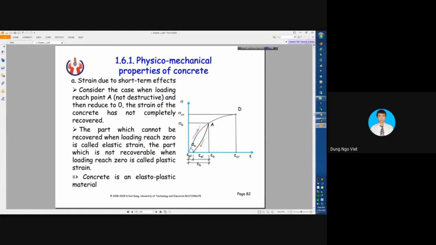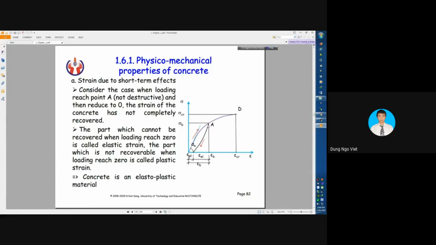Consider the case when the loading reaches point A, not destructive, and then we reduce the load. When we reduce the load, the stress will decrease.